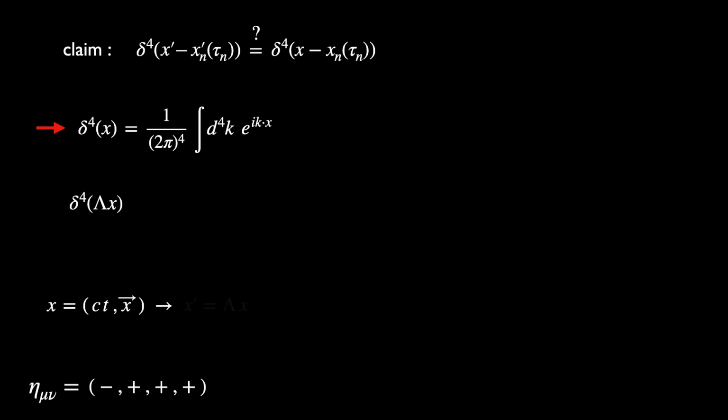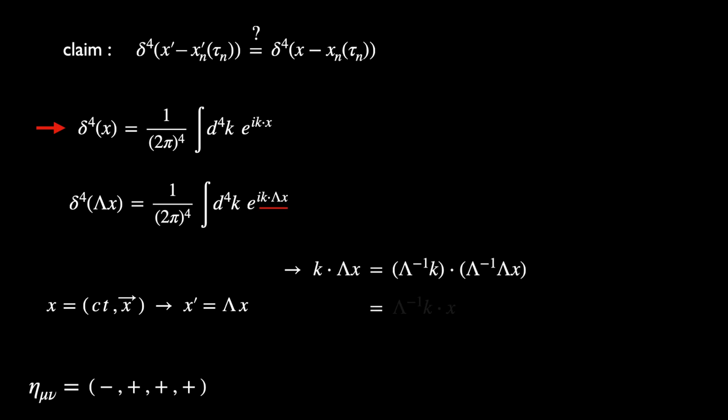Replacing the argument x with x prime, we have this. Since this dot product is invariant under Lorentz transformation, let's apply the inverse transformation to both its elements. Effectively, this transfers the transformation from x to k in the form of inverse lambda.